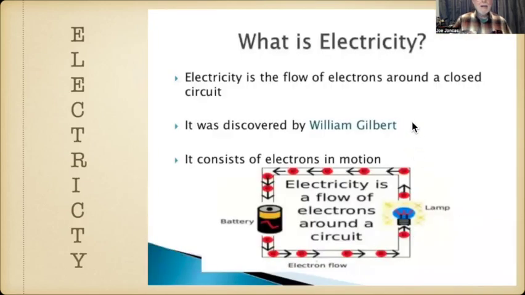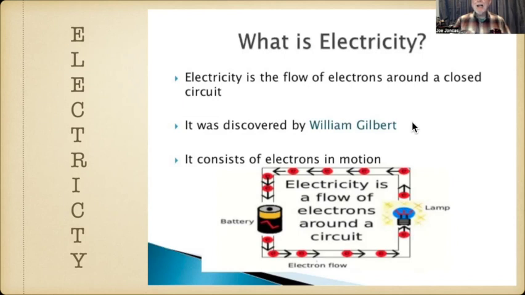Now, static electricity. Everybody remembers things get charged because they get ionized with either a positive or a negative charge, and you can develop quite a bit of voltage, reach out to touch a doorknob, and you'll get zapped.